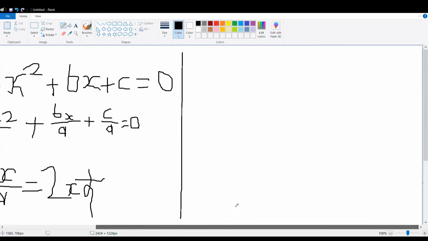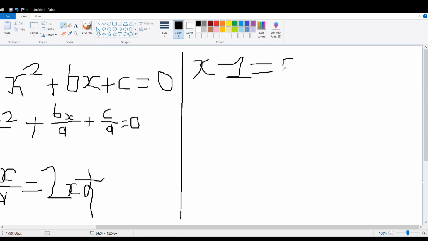So to get this, we're going to use a tactic which you might have seen before. Say for example you have x minus 1 is equal to 5. How do you find the value of x? That's a 5, by the way. Let's put a minus there. Well, you can add 1 to both sides, and it doesn't change.